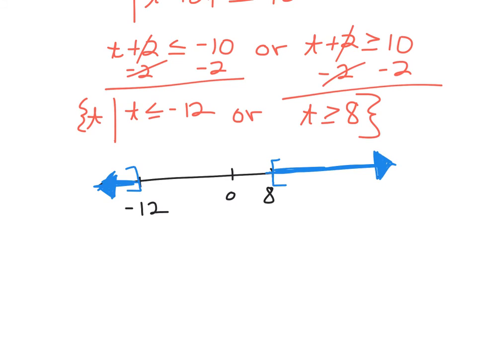Okay, Jerica or Haley, what does interval notation look like for this problem? Would it be bracket 8, -12 bracket? Is that right? Okay, it's not right. Let me explain why. First of all, in interval notation, the smaller number always has to come first. Oh, and it's -12, I'm sorry.